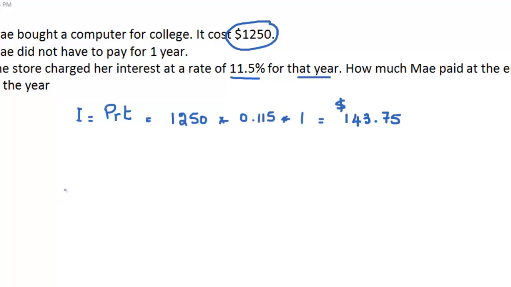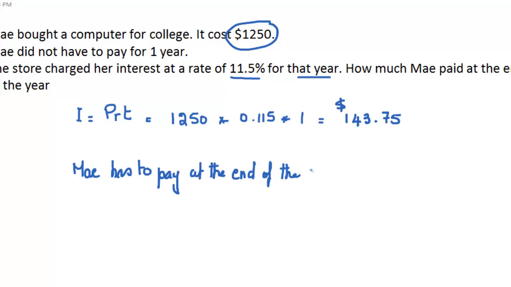So in this case, May has to pay at the end of the year the cost of the computer, 1,250, plus this amount, 143.75.